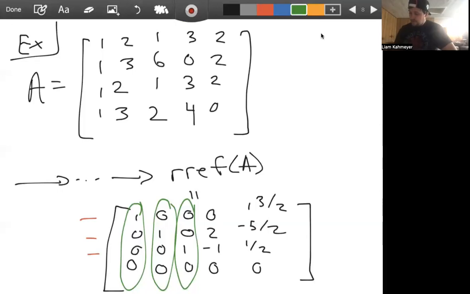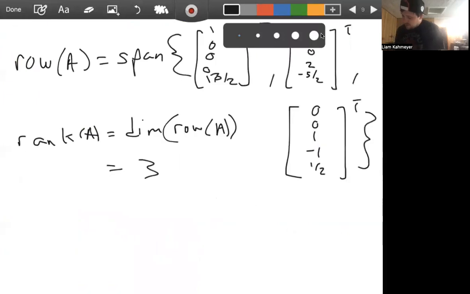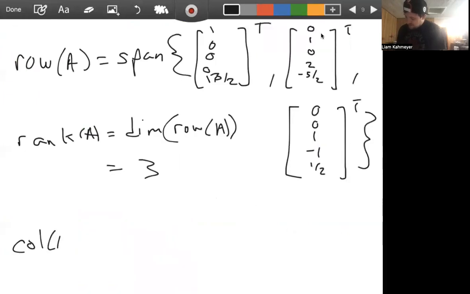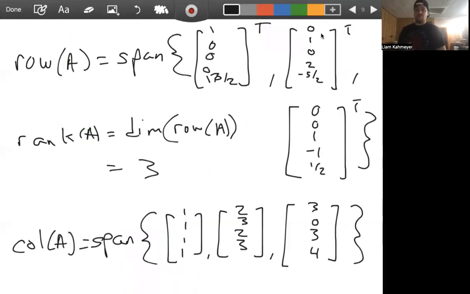So that would be columns 1, 2, and 3 in the original matrix, which means the column space is spanned by the basis vectors (1, 1, 1, 1), (2, 3, 2, 3), and (3, 0, 3, 4). Okay, so we found the row space, the column space, and the rank of the matrix here.